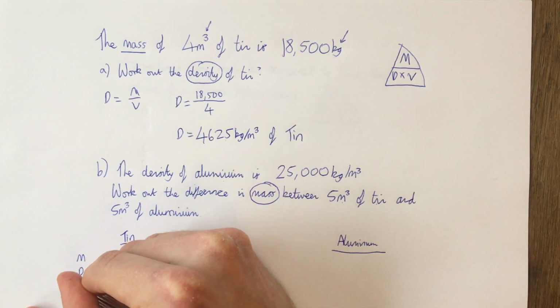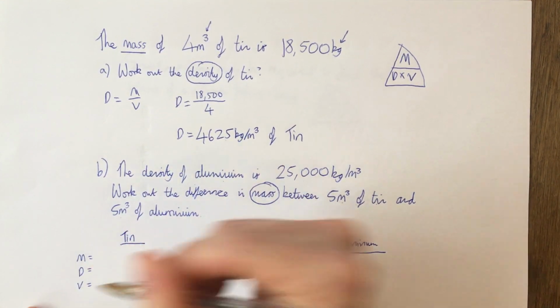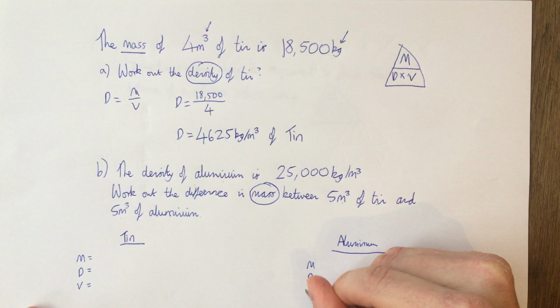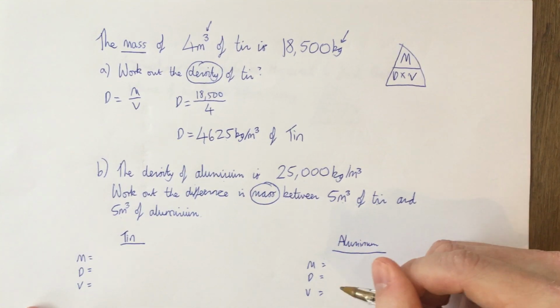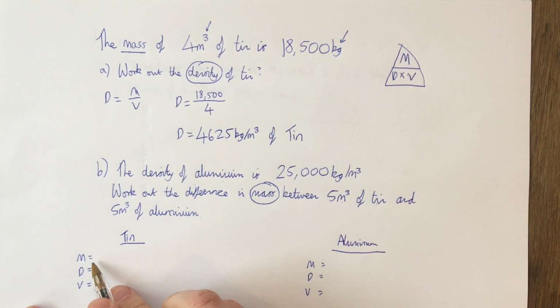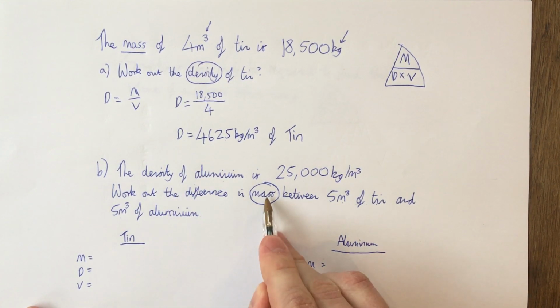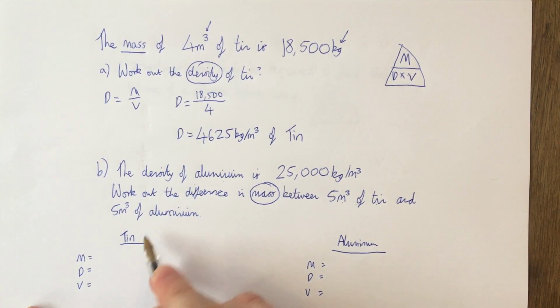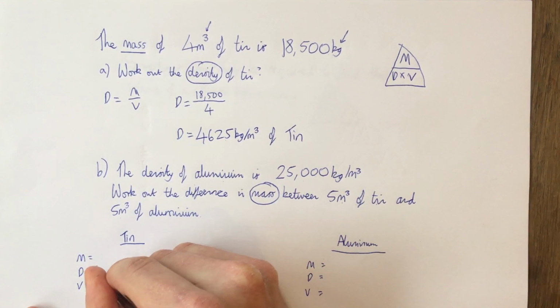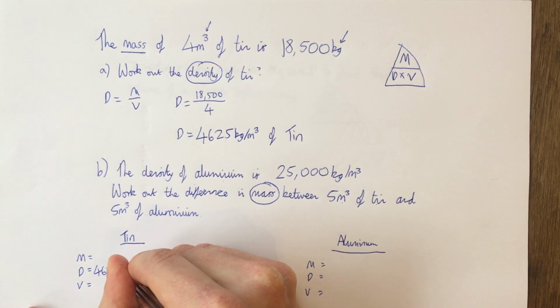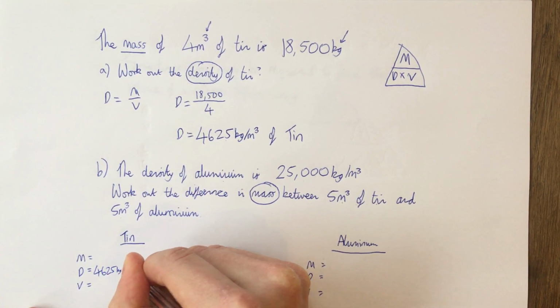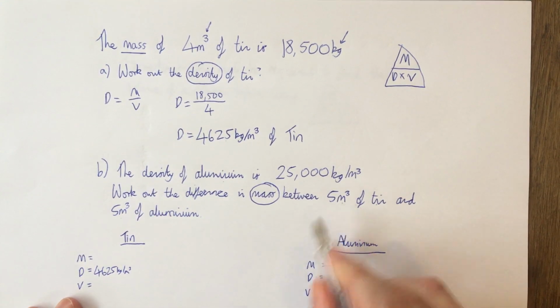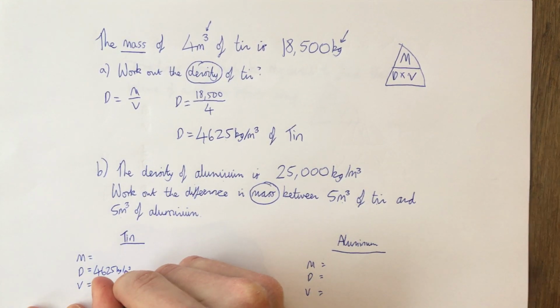So M, D, V, let's write down what we know in these questions here. M, D, V, just so we're absolutely clear. The mass here, we don't know. We want to work out what it is. The density of the tin is 4625 kilograms per meter cubed, and the volume of the tin, they've asked it to be 5 meter cubed.